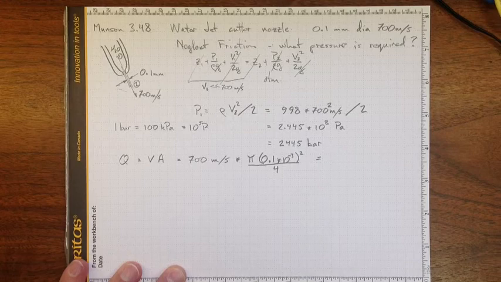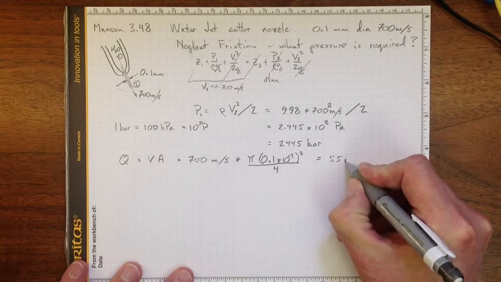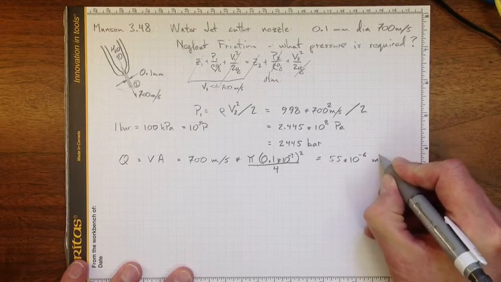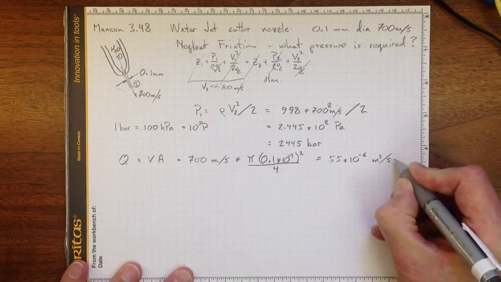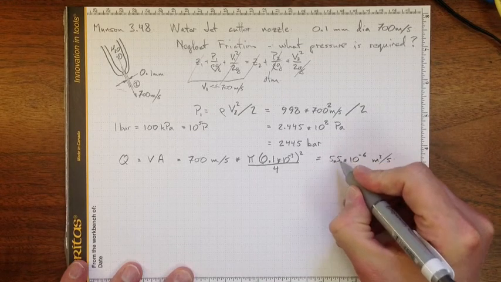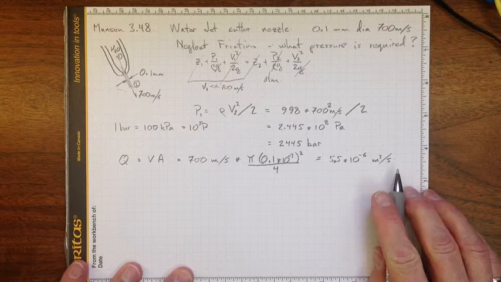That'll be 5.5 times 10 to the minus 6 cubic meters per second. That's a very small number.